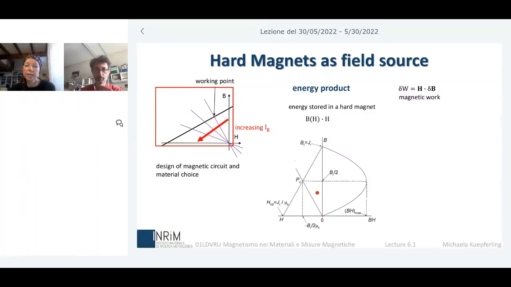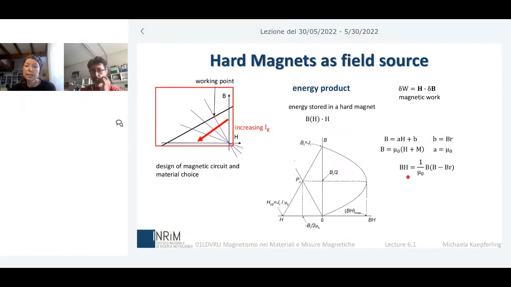Now, here on this side, we have again the fourth quadrant of our hysteresis curve. Now, in an ideal magnet, we have a straight line. And we can, of course, find immediately that this straight line will be related to certain parameters. So B will be the remanence and A is equal to mu0.